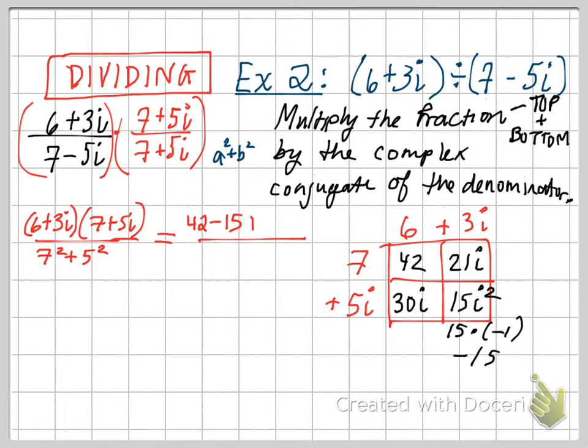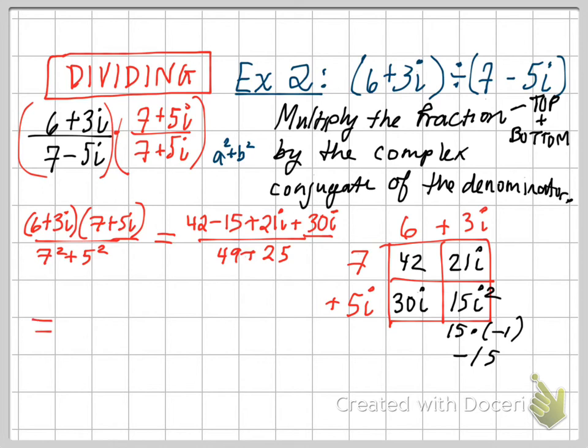I was looking on the outside instead of the inside. All over 49 plus 25, because that's 7 squared and 5 squared.